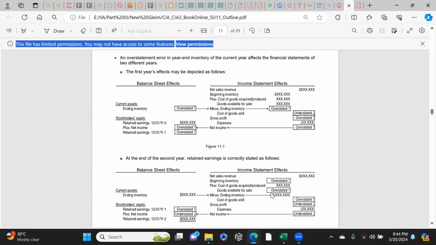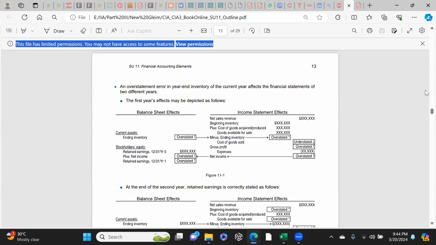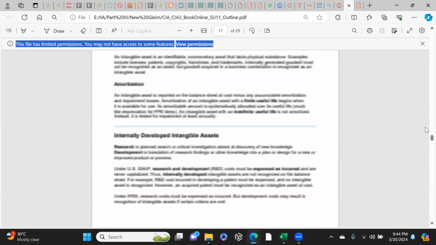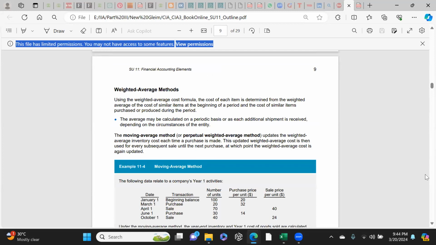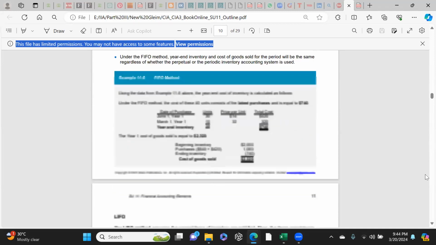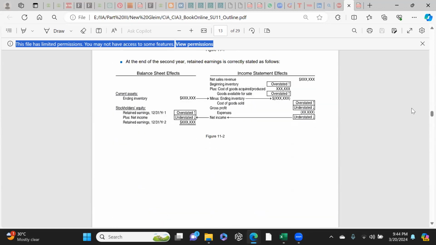But now during this period, you do the correction. Right? So then this is overstated. The beginning inventory is overstated.